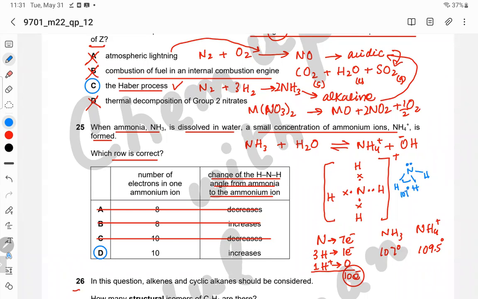It's trigonal pyramidal. But when we talk about ammonium, ammonium has one dative bond and three covalent bonds. There is no lone pair. That's why in this case, the bond angle increases by 2.5 degrees and it becomes 109.5 degrees. Now is it clear, Taha?